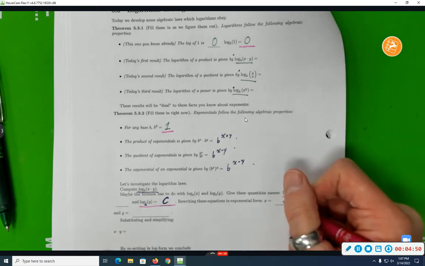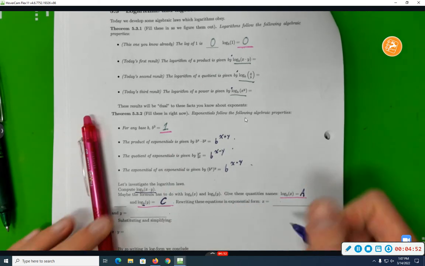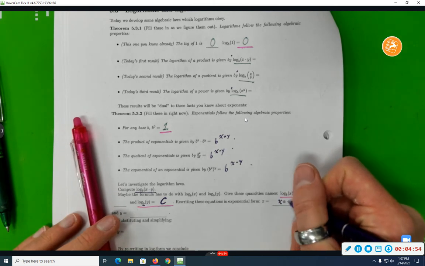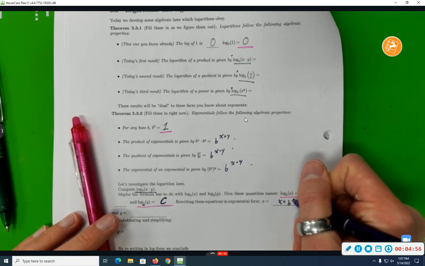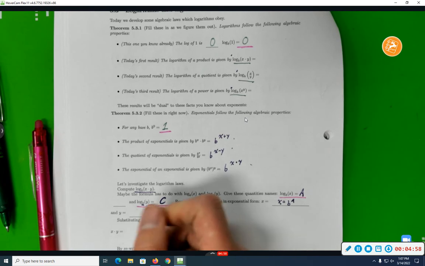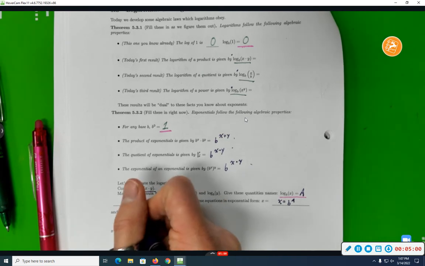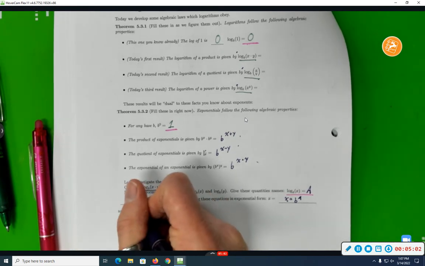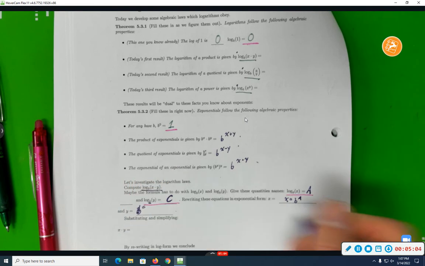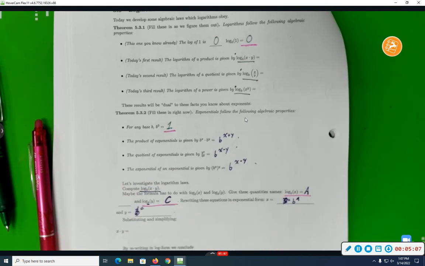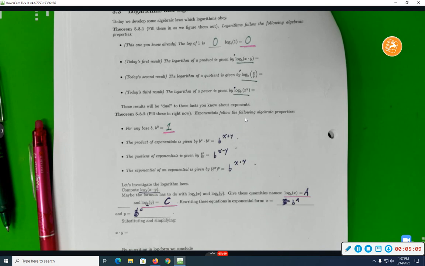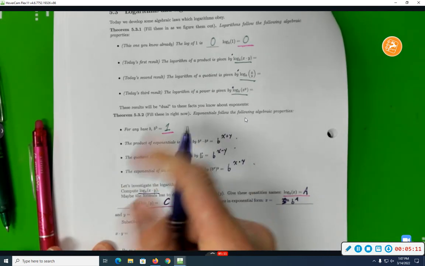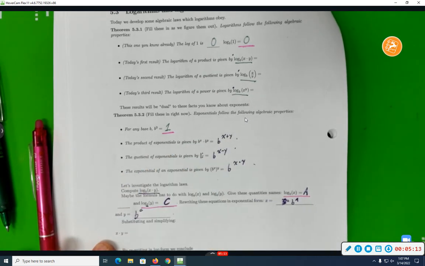Yes. x equals b to the power of a. And what about y? y equals b to the c.